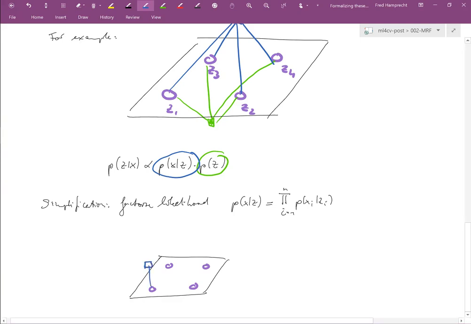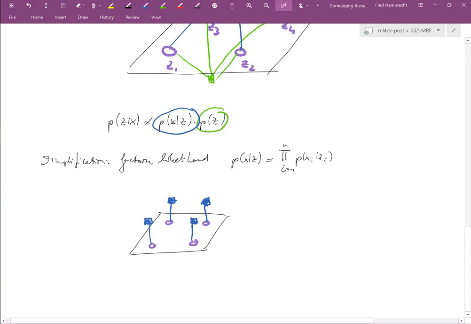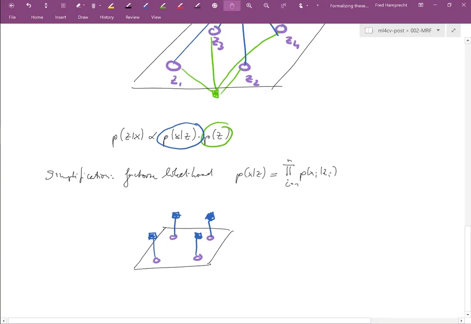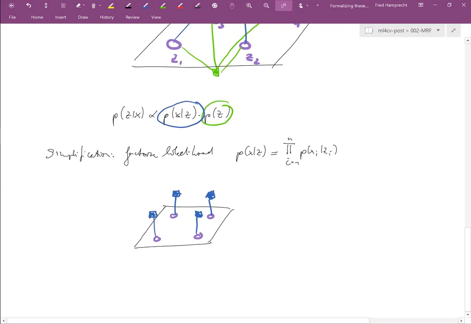When I factorize the likelihood, I can plot it like this. If I just write P of x given z, this is a completely general expression. By now saying that the likelihood of each pixel's observation only depends on the random variable of that observation, that's a huge simplification. But that would still leave me with my complex global prior here.